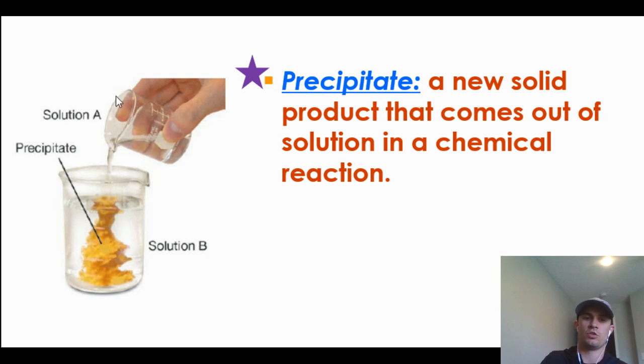So solution A is clear, solution B is clear, and notice when we pour them in, we get this yellow cloudy substance that you can't see through. That is a precipitate. Those are little tiny solid flakes. It's not like you mix these liquids together and it just turns into a rock. We get little tiny solid pieces that make the liquid very cloudy. That's what a precipitate is, and we get those precipitates from double displacement reactions.